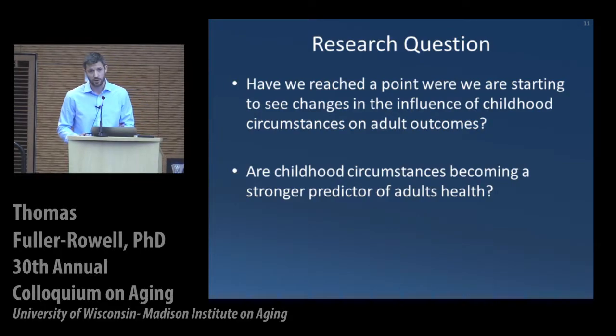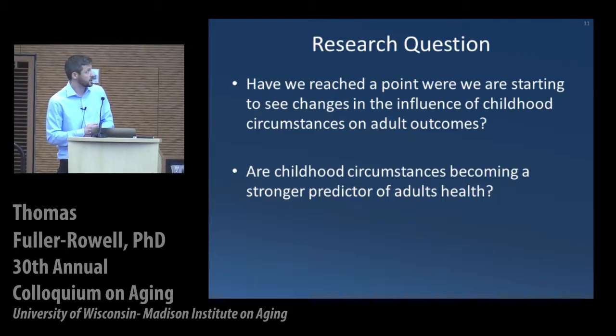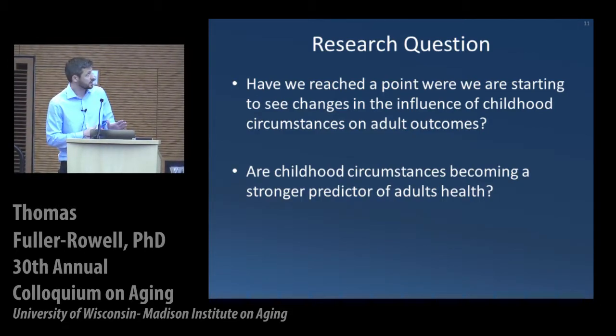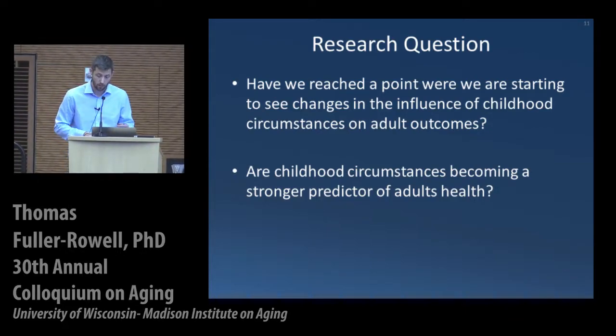This is an important question that we wanted to consider in our research. Have we reached a point where we're starting to see changes in the influence of childhood circumstances on adult outcomes? More specifically, are childhood circumstances becoming a stronger predictor of adult health outcomes?